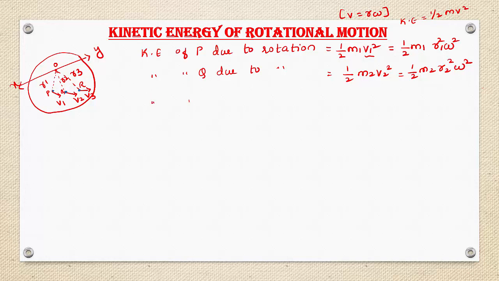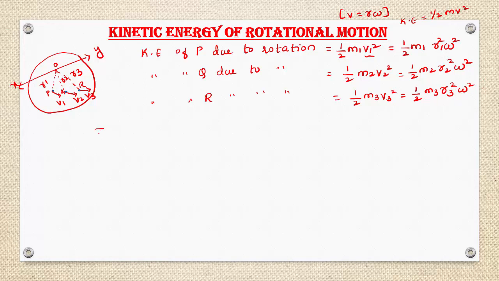Similarly, for the third particle R, due to rotation, we can write half m3 v3 square. In place of v3, we can write r3 square omega square, and so on up to n number of particles.